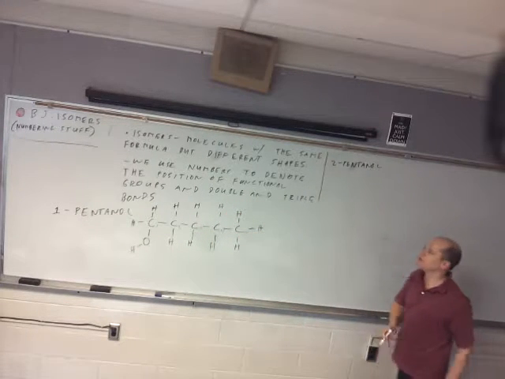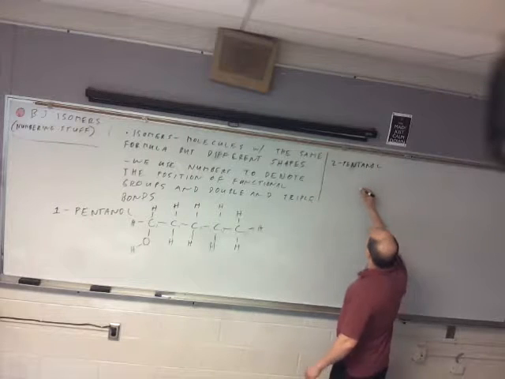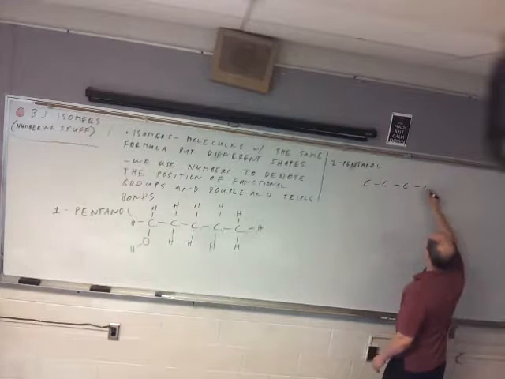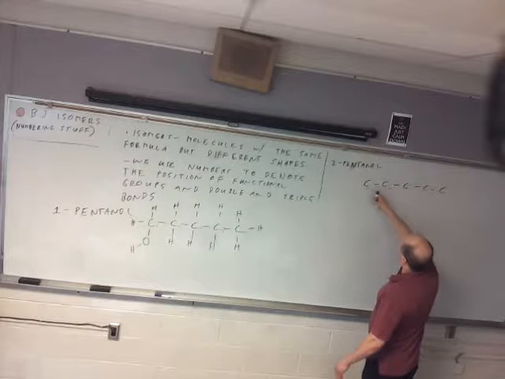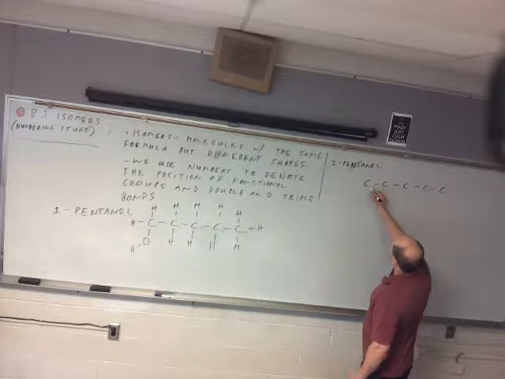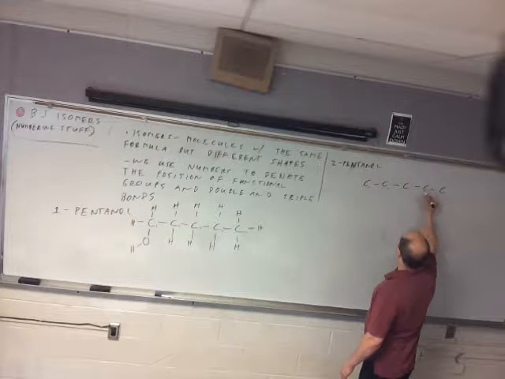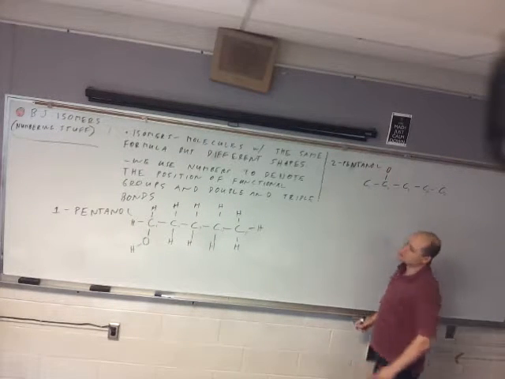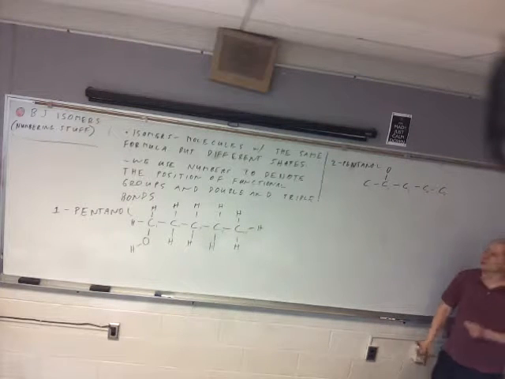So we just number the carbons. So 2-pentanol. We're going to have C, C, C, C, C, and we'll call this, again, 1, 2, 3, start from the outside and count. 3, 4, 5. So this one's going to be number 2, it gets the oxygen. And the rest of the drawing is the same.